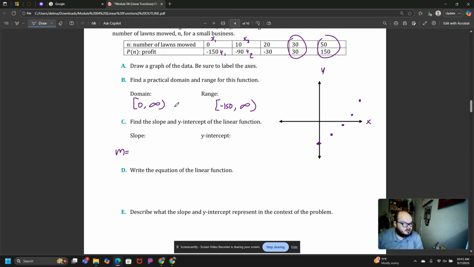So we're going to have y2, which is negative 90, minus a negative 150. Remember, that tells me to add. And then I'm going to have 10 minus 0. So at least the bottom clears up nice. That's just 10.